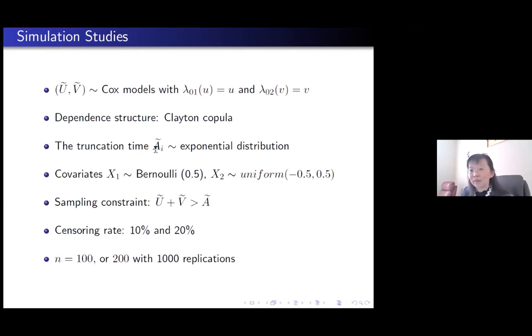We consider two covariates, one binary and the other continuous. The truncation time was generated from an exponential distribution. In the observed data, we only keep subjects satisfying the sampling constraint.